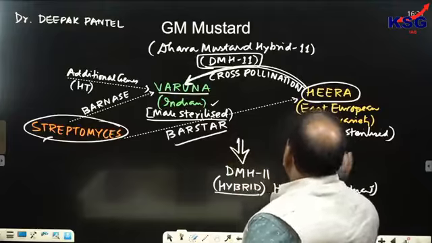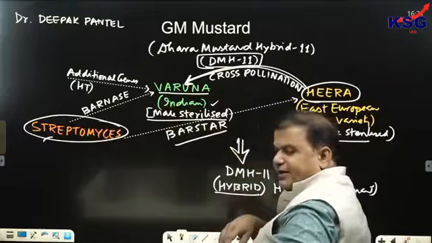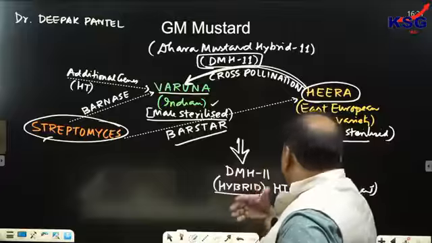So female sterilized. And then additional genes were added into Varuna to make it HT. HT means herbicide tolerant.